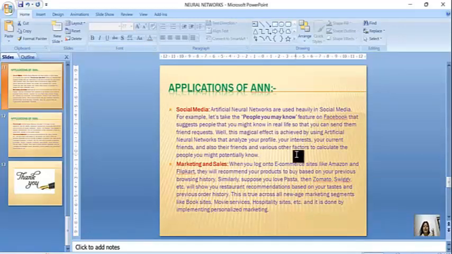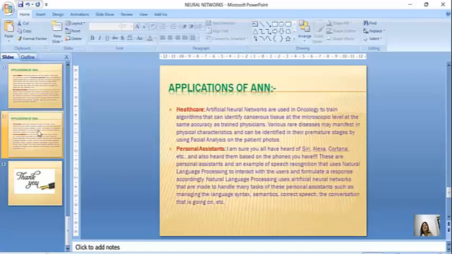That means they train the ANN by your previous history, your choice, your interest. As per that, they provide the services that they recommend to you. All right. Movie and hospital sites, etc. also have the same algorithm.